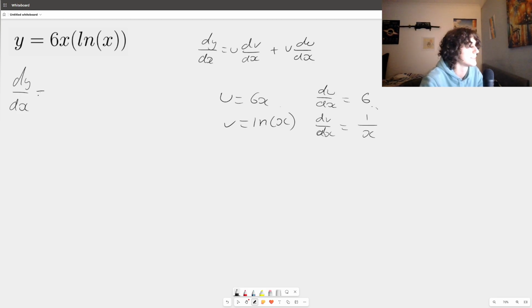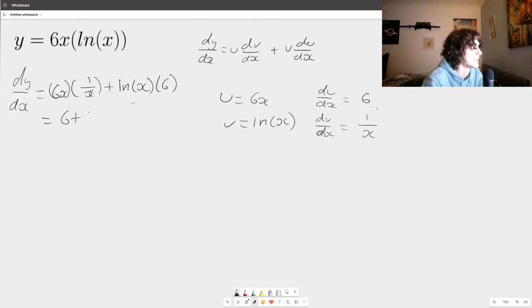So substituting these values into our equation, we get 6x, so this is u, times by dv dx, which is 1 over x, plus v, which is ln x, times by du dx, which is 6. So this simplifies to 6 plus 6 ln x. So your gradient at any point on this function is going to be 6 plus 6 ln x. Quite a nice solution, that.